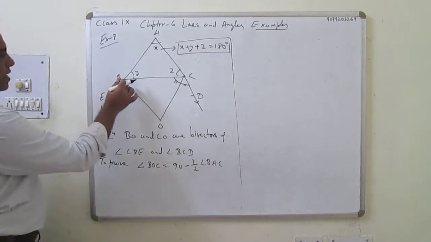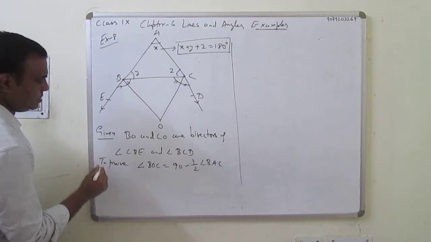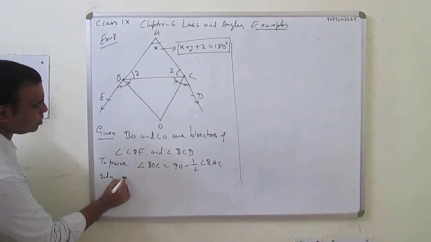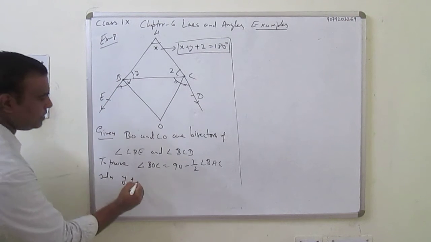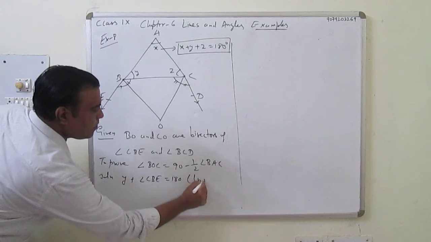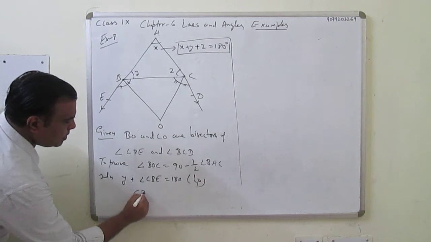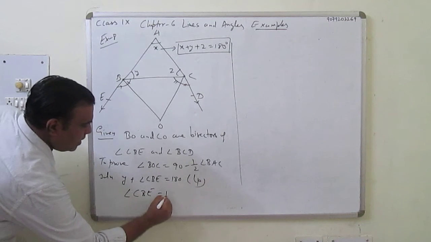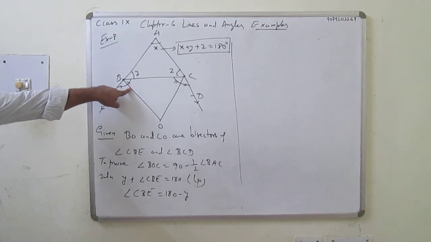Now angle Y plus angle CBE is equal to 180, that is a linear pair. So angle CBE is 180 minus Y.